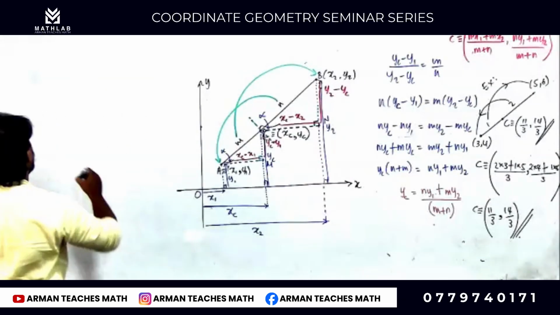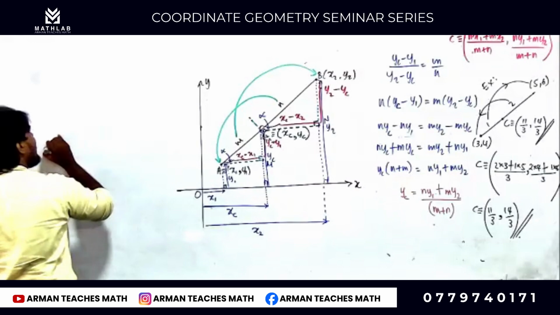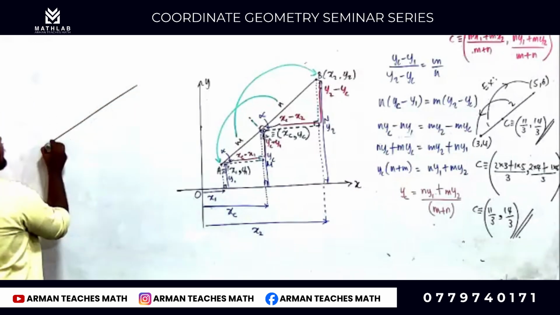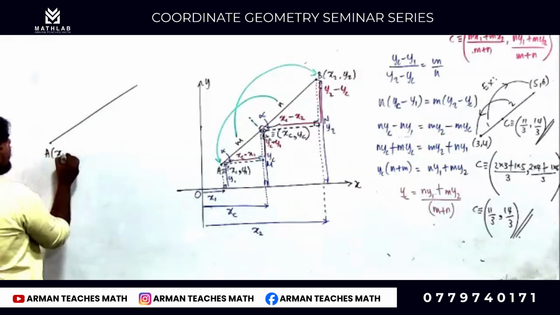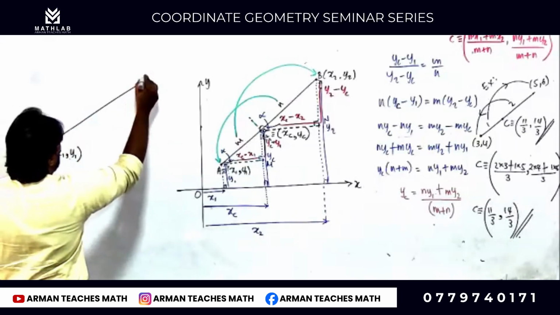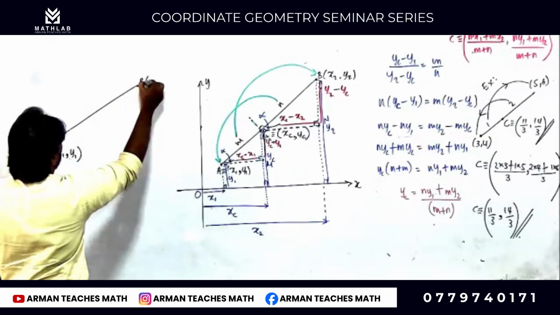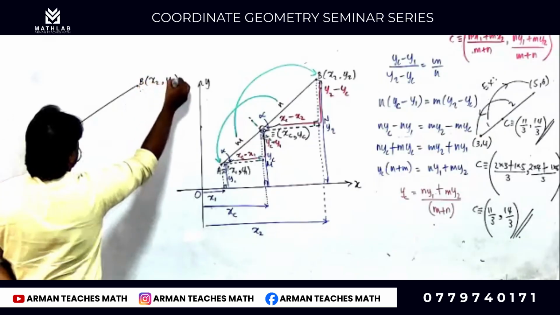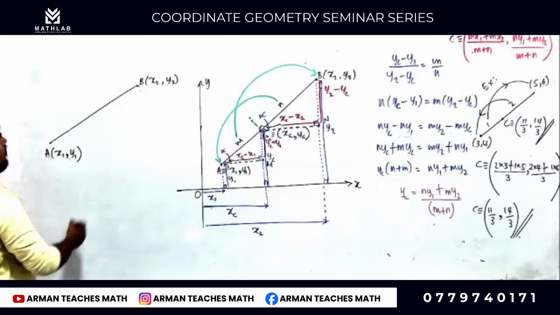Right, listen now. Let's say we have a straight line segment A with coordinates x1, y1, and B with coordinates x2, y2. Don't write, listen now, you have to recall with me.